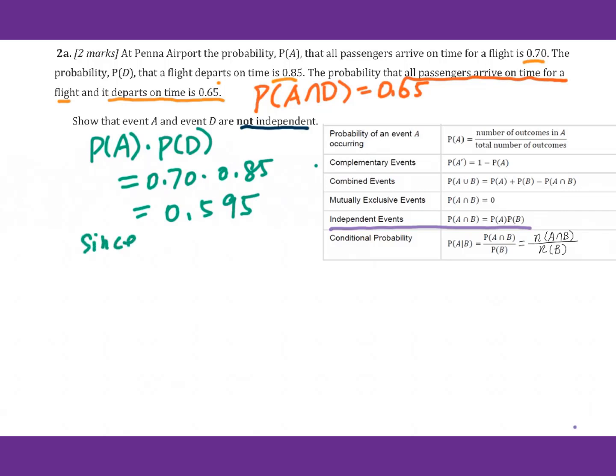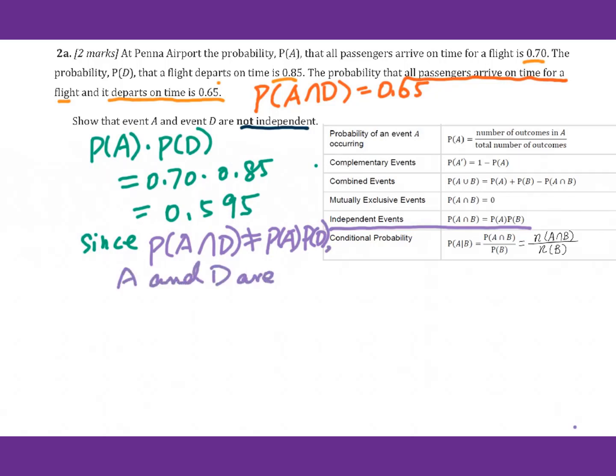Since probability A intersect D not equal to probability A times the probability D, so A and D are not independent.